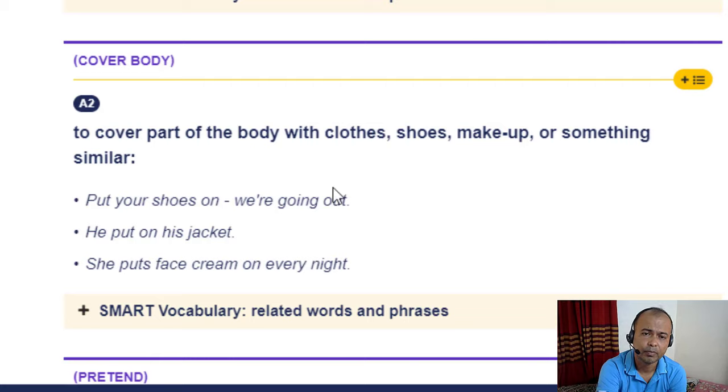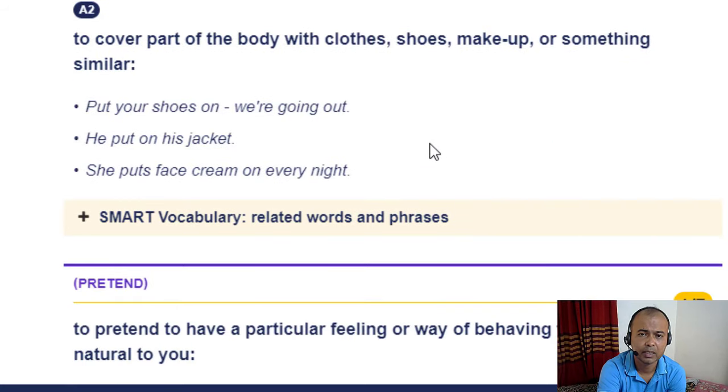So this is the meaning we actually use commonly in our daily life. So put your shoes on. He put on his jacket.